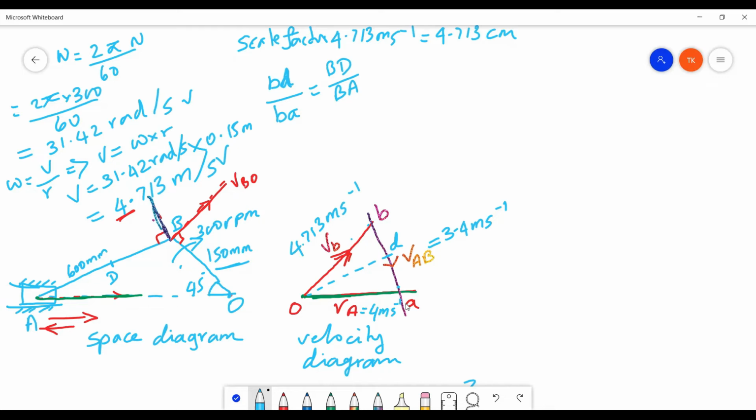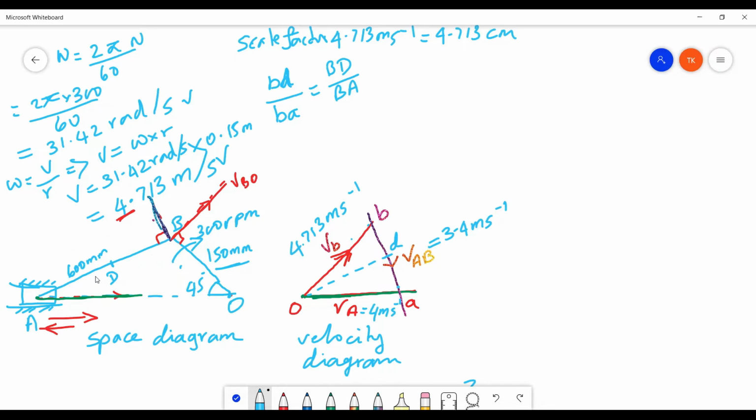In order to find the velocity of the midpoint D, I have now found this velocity and this velocity. Now I have to find the velocity of the midpoint. So divide the vector BA at D in the same ratio as D divides the link AB, that is half to half in the space diagram.